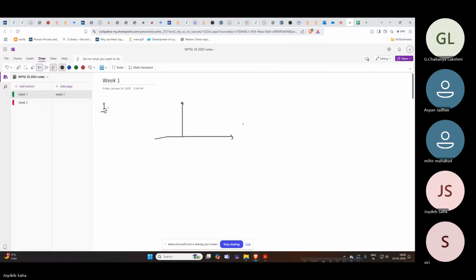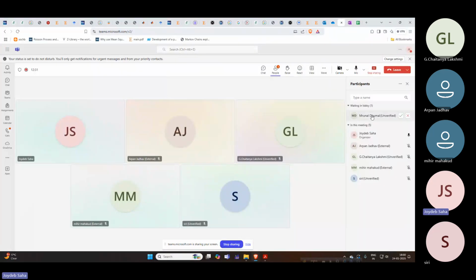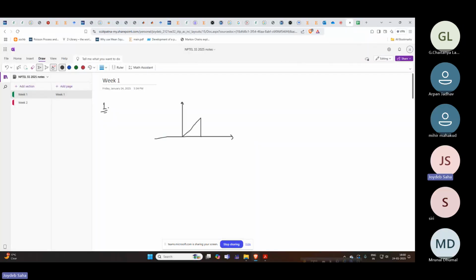Okay, so a continuous time signal x(t) is given like this. This is 3 and this is 4.